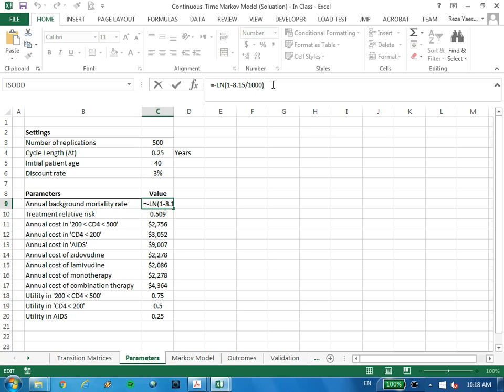So the report was that in year 2015, the mortality rate in the US is 8.15 per 1,000 individuals. Okay? Now, do we have any uncertainty around this estimate? Is that the true mortality rate for the US in 2015?